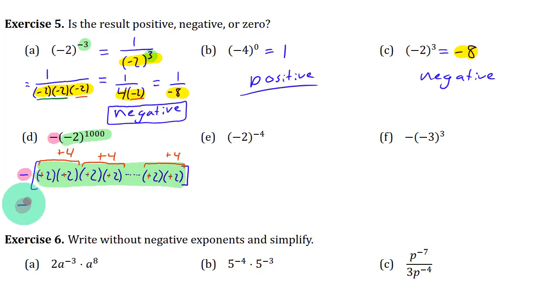So there's still the negative on the outside, so it's negative 4 to the power 500. And that's going to be a negative number. So this is a negative gargantuan number. So it's super negative.